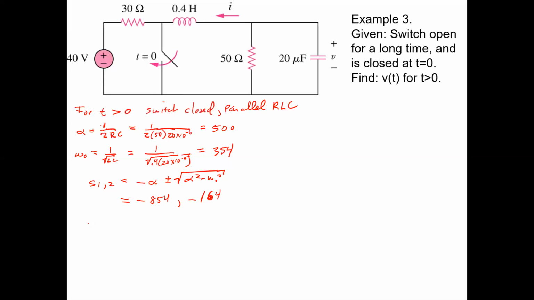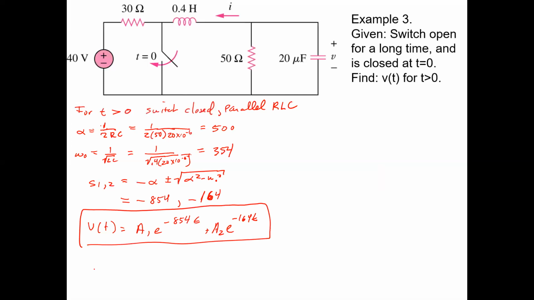So our solution is going to be of the form V of t equals A1 e to the minus 854t plus A2 e to the minus 164t. And the A1 and the A2 are from the initial conditions.